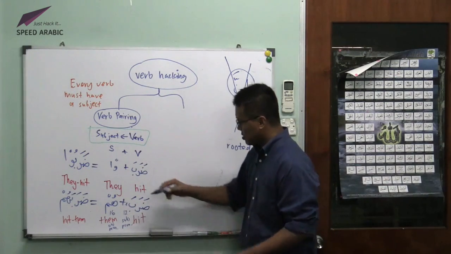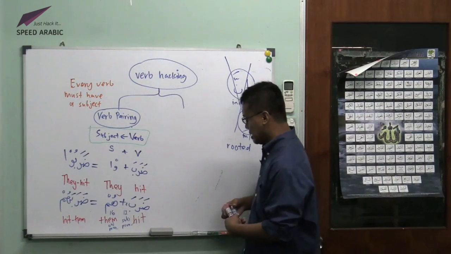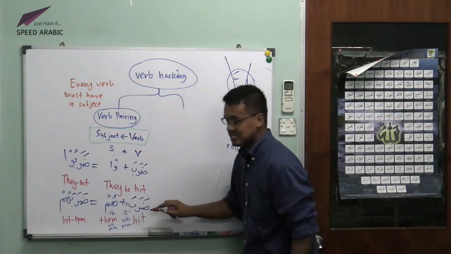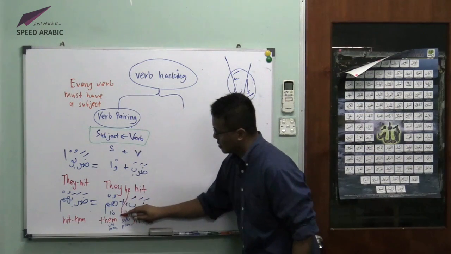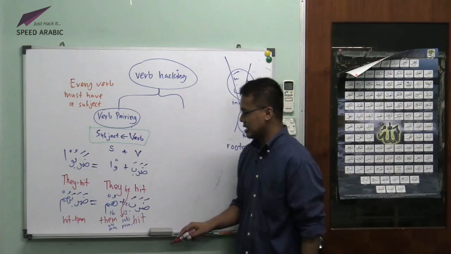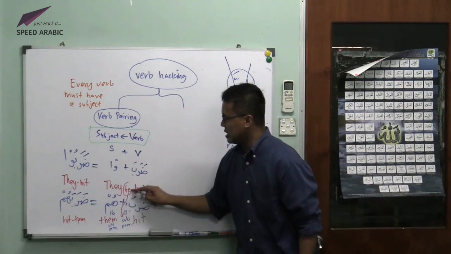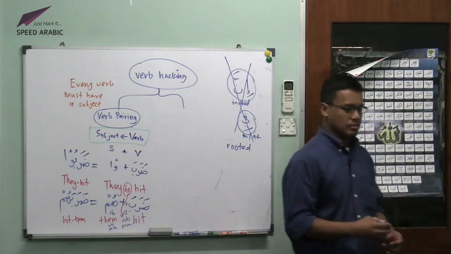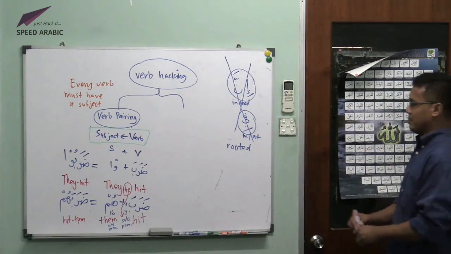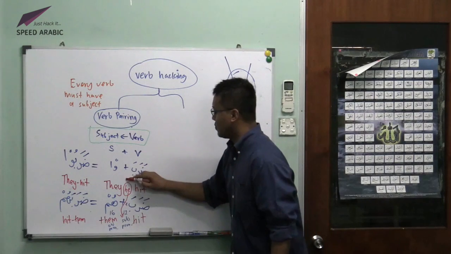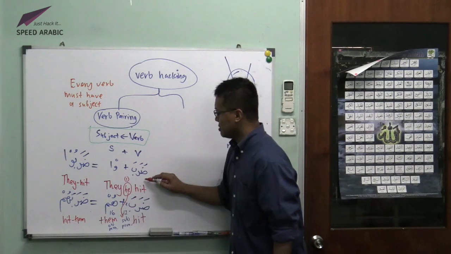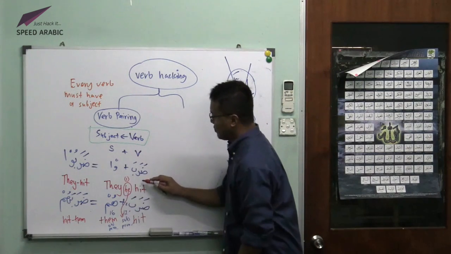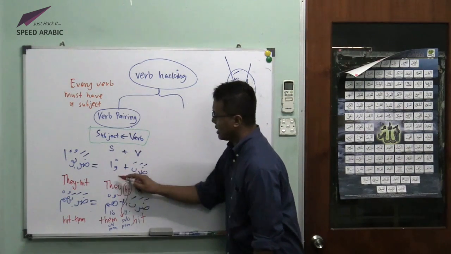So there is a he here, which is the subject. So when there is a he here, what does the word darabahum mean? He hit them. Okay. So you start with V, and then the S second, and then O third.